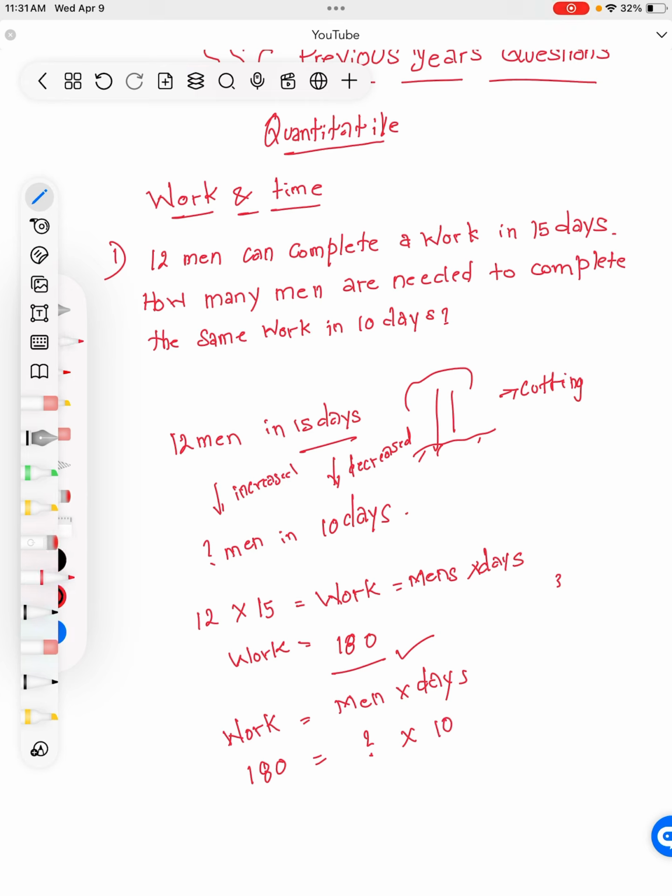Now we can calculate men, right? So men is equal to 180 divided by 10.